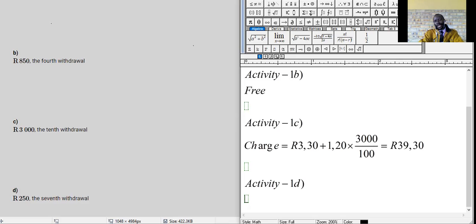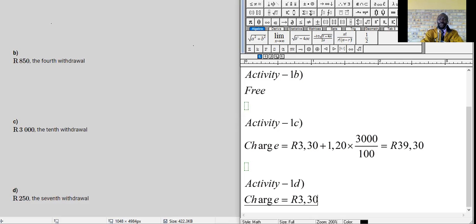So the question here is, how many 100s do you have in 250? Well, it turns out that we have 2 100s, then we have that 50. Everything is in 100s.